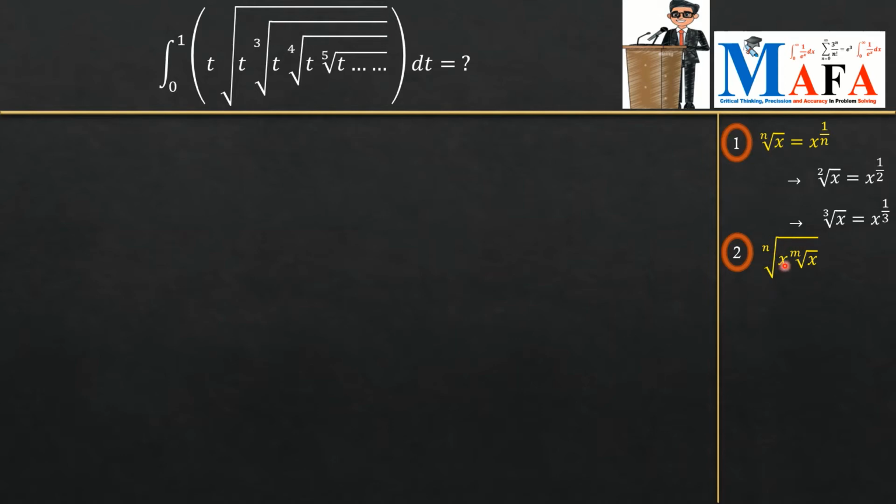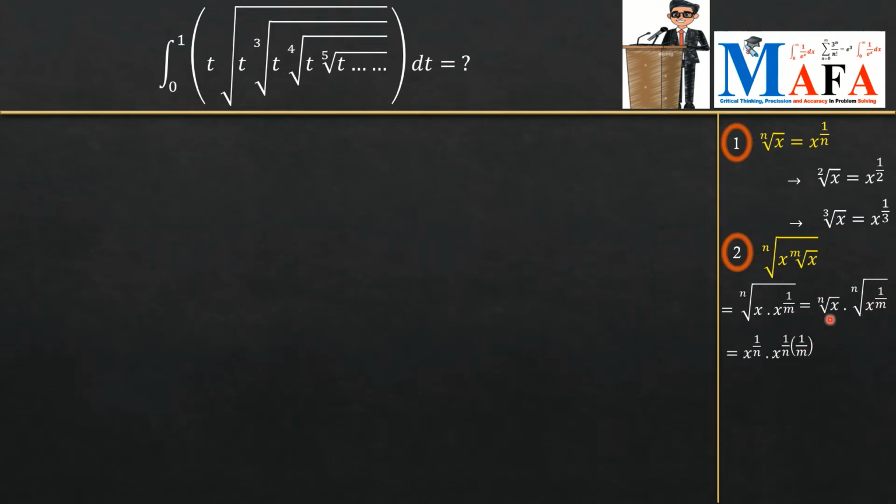We can rewrite it as the n-th root of x times x raised to the power 1 on m, because the m-th root of x is simply x raised to the power 1 on m as per our first definition. So we can separate this as the n-th root of x times the n-th root of x raised to the power 1 on m.